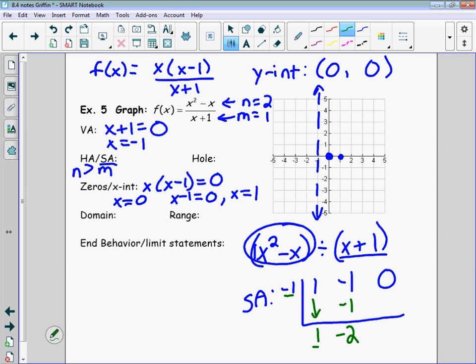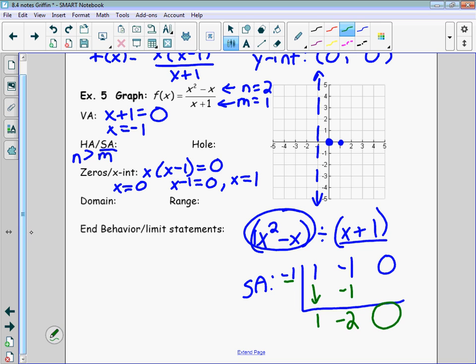You can actually stop there because the last term in synthetic division is always the remainder, and we don't need the remainder. This already gives us enough information to write an equation of a line, because a slant asymptote will have a slope and a y-intercept.